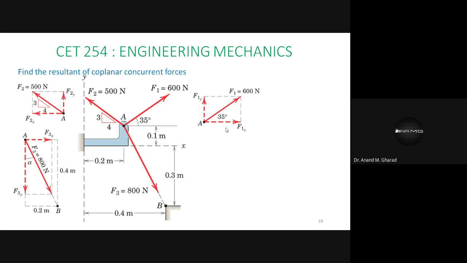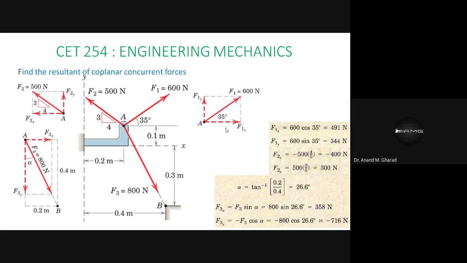So we first found the components of forces in x and y direction for each force, and later we found the summation of all the forces. Last time I told you that to calculate the summation of all the forces, you should be very careful about the sign conventions.